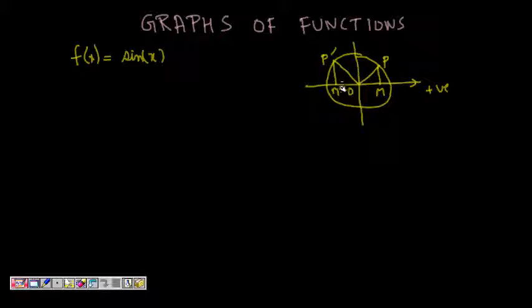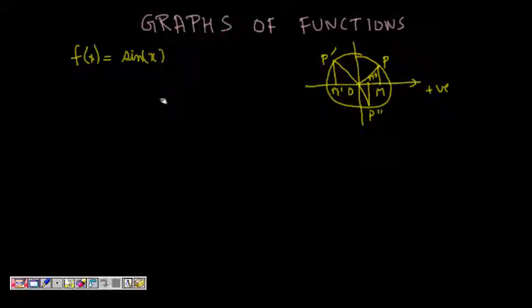This M'P' is positive, MP is positive, but P''M'' is negative. So this way we see that OM is positive on the right and negative on the left, and the vertical length is positive in the upward direction and negative in the downward direction.